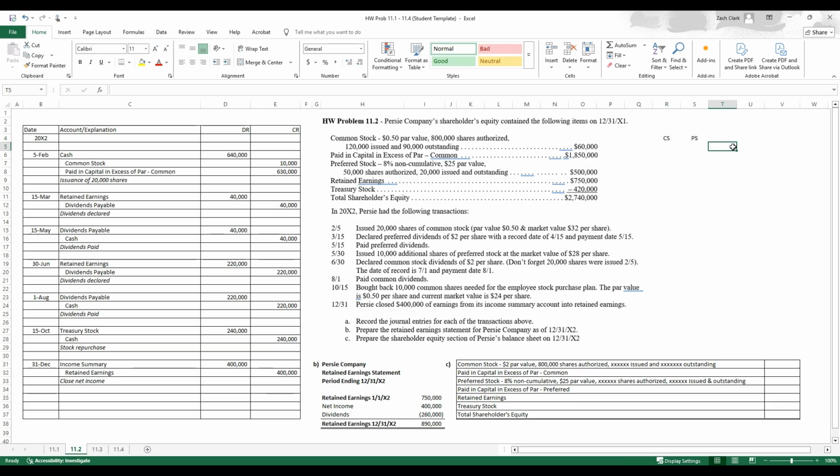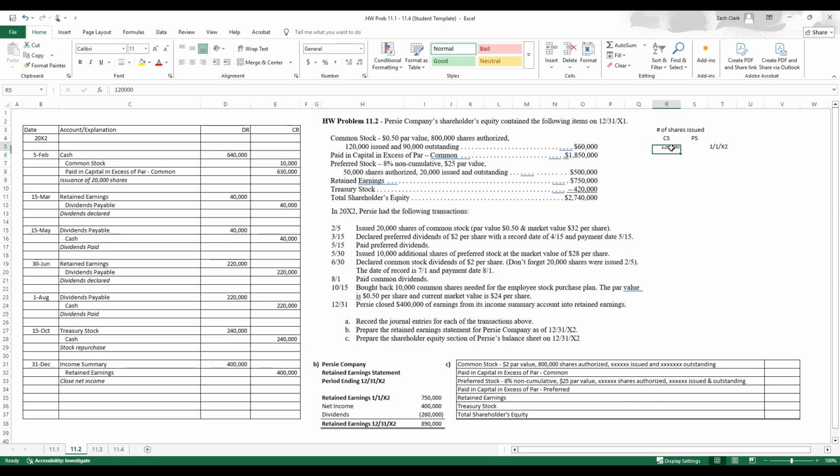And let's say 1-1-x2, number of shares. Number of shares issued. Let's have that as our first thing we're going to analyze.